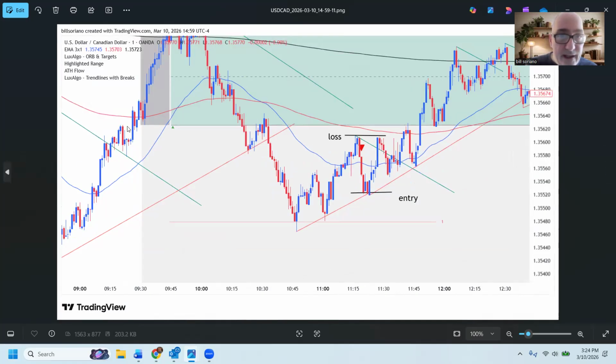And then we have a loss here in USDCAD. You could see the red bearish indicator right here. The moving averages are aligned, right?